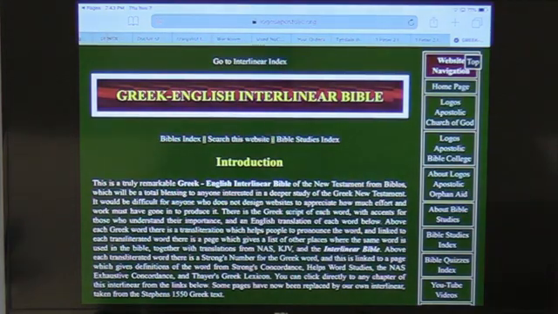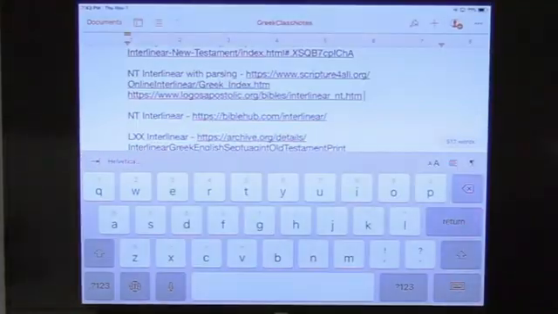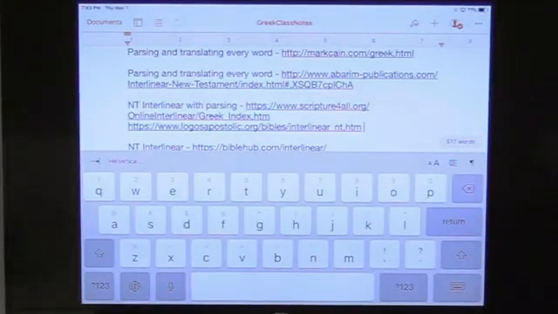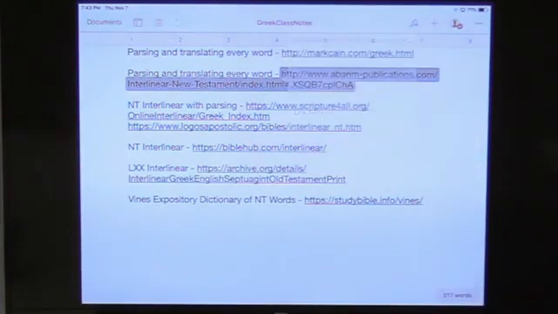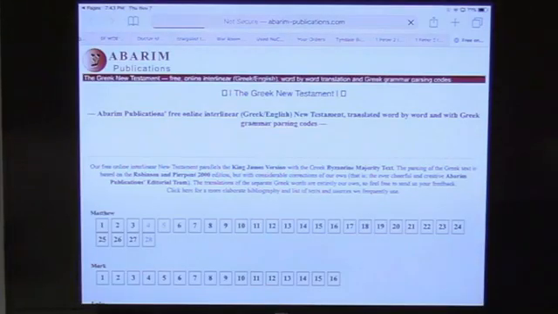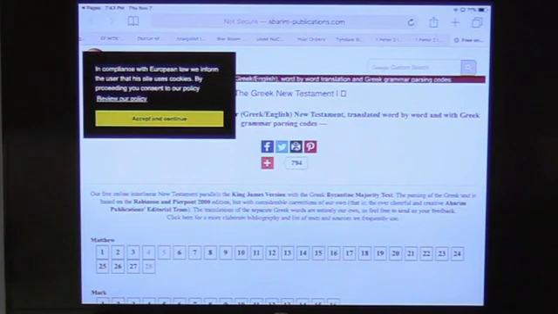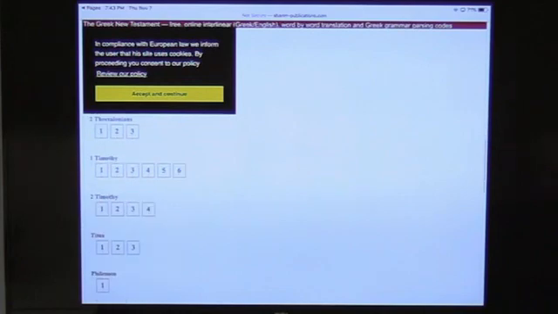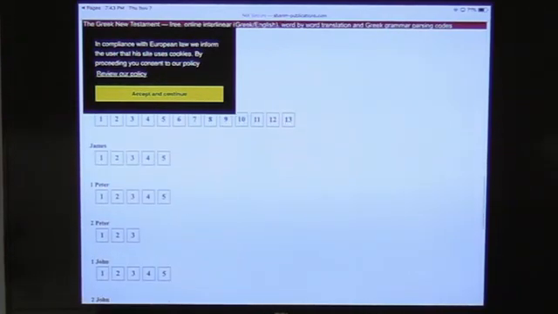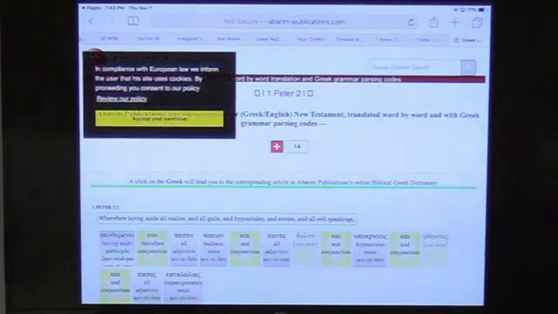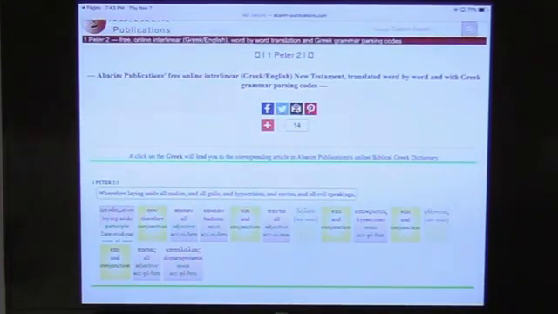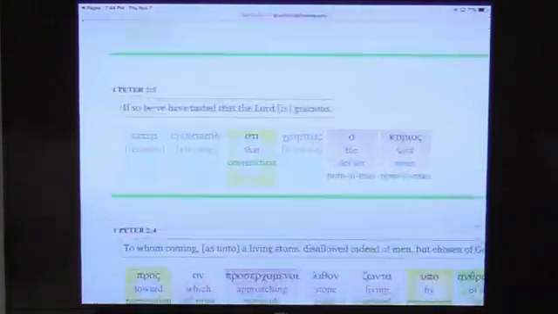Well, that's not what I wanted. I'm looking for that one that shows you can just touch on it. It tells you what it means. This is 1 Peter 2. Okay, this is a nice one here. Is it still showing up there? Yes. So 1 Peter 2:3. I can make that a little bigger.